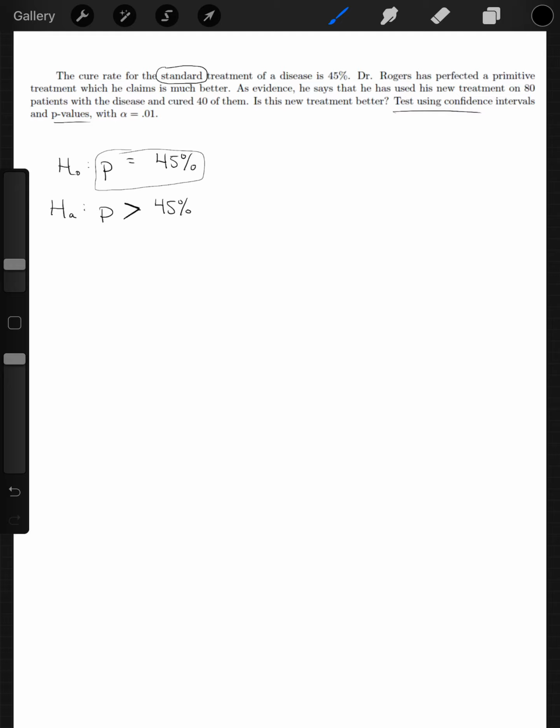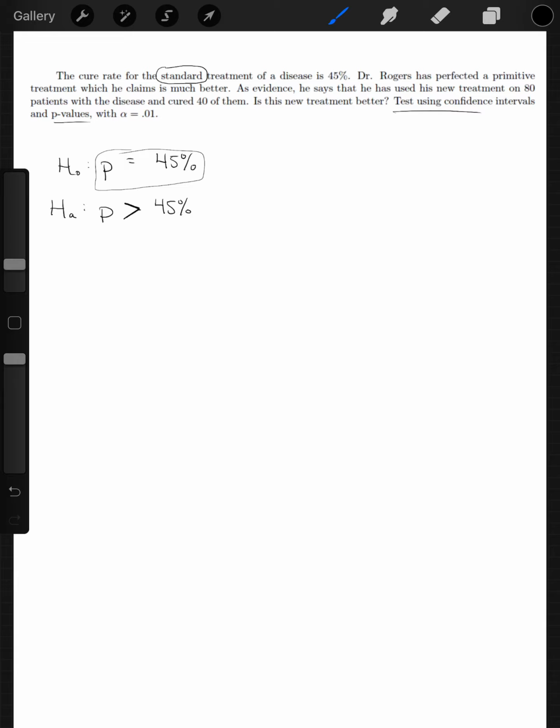And when we're talking about a cure rate, a better cure rate means a bigger proportion. Better doesn't always mean bigger. You can't look at a proportion problem and say every time you see the word better, it's going to mean a greater than sign. But in terms of a cure rate, I think we can all agree that a bigger proportion being cured is better.